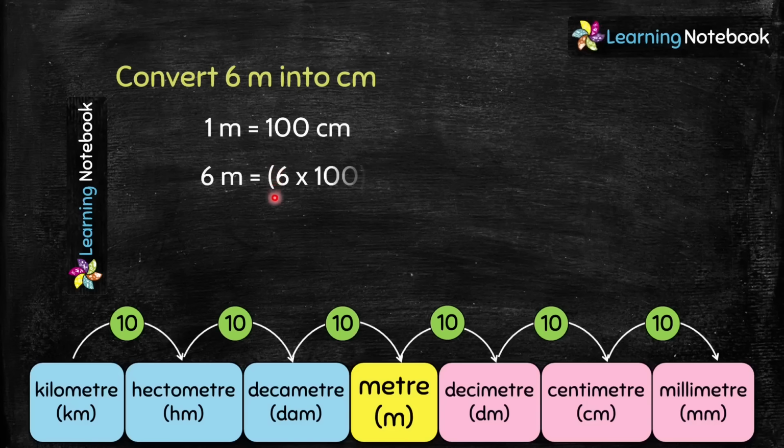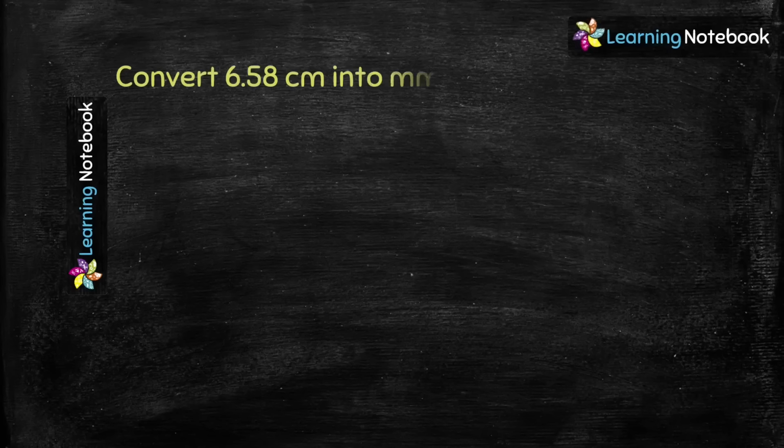Therefore, 6 meter equal to 6 multiplied by 100 centimeter, which is equal to 600 centimeter. So 6 meter equal to 600 centimeter. Now let's see the second question.